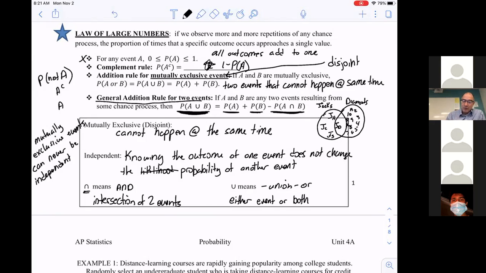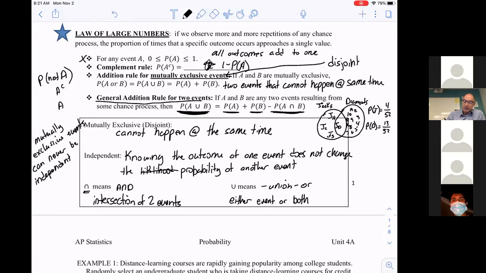So I want to know, what is the probability of a jack? There are 4 jacks. The probability of a diamond: if I count all those, there's 13 out of 52.